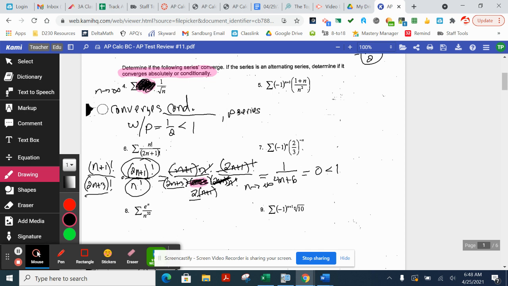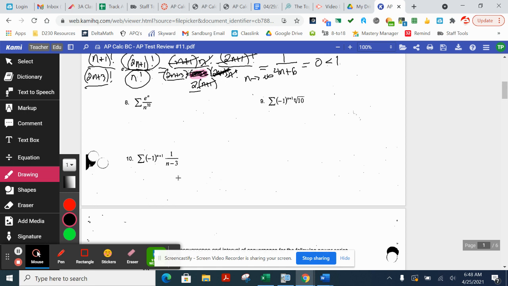The limit as n went to infinity would not exist. Number 8 diverges. The faster growing function is on top, so it also fails the nth term test. The limit as n goes to infinity would have been infinity. Number 9 diverges, also failing the nth term test. That limit would not exist.